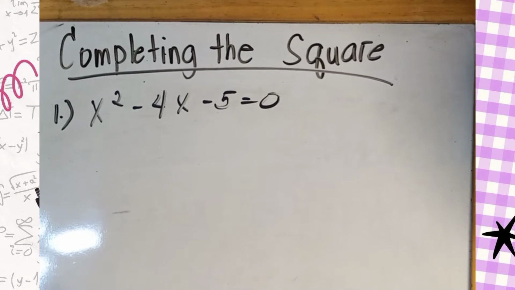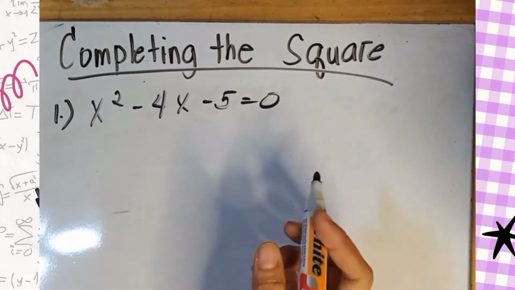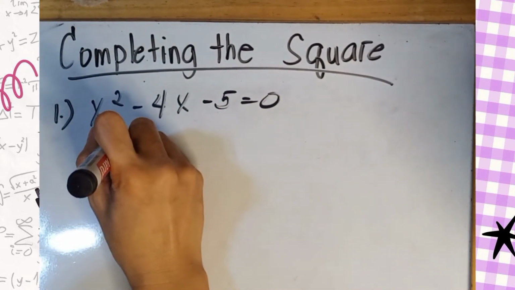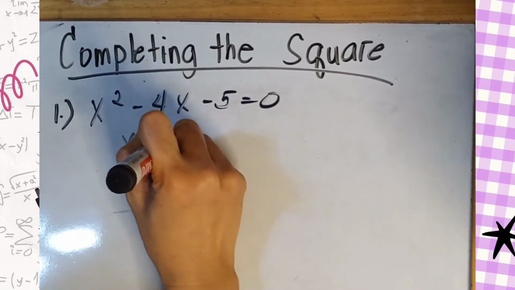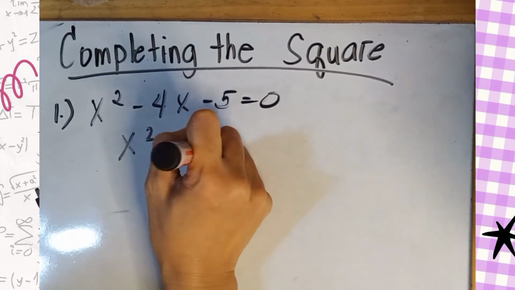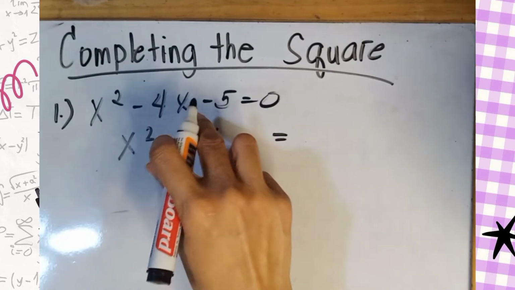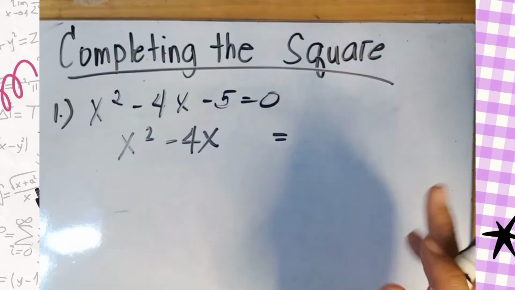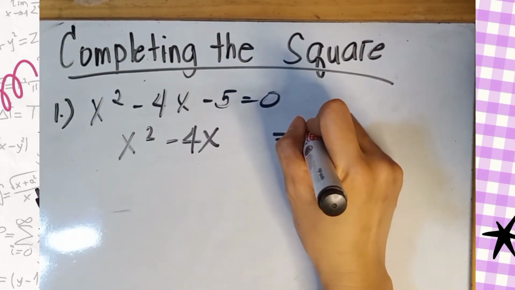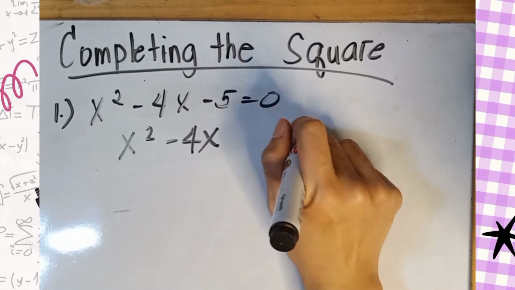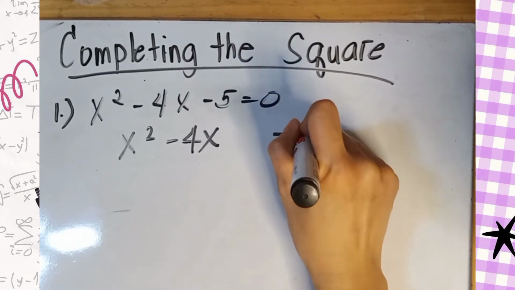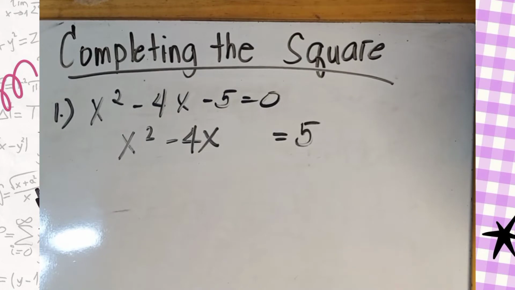So, isi-separate lang natin siya o ilalagay natin siya sa kabilang side. So, let's just rewrite x squared minus 4x. And then, yung negative 5, kapag tin-transpose natin, magiging positive 5 na siya or simply 5. So, may iba na yung sign niya.